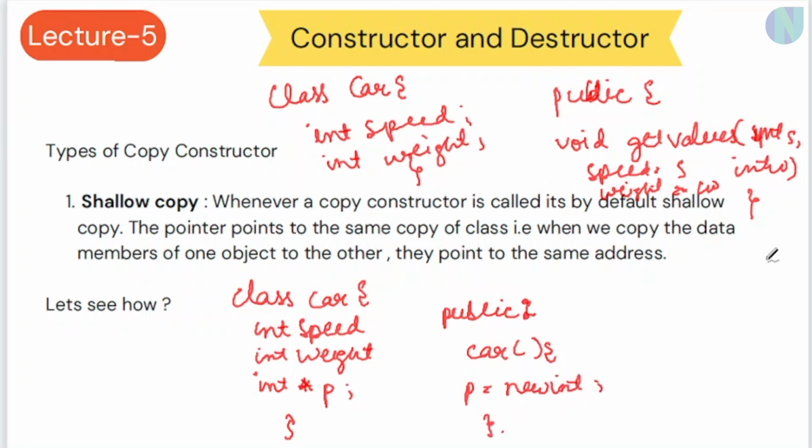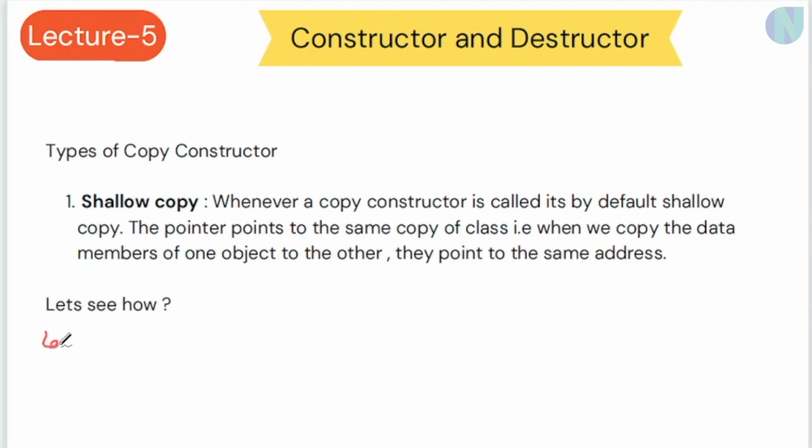Now consider I want to get values. So void get values, and here I am giving some values as int a, int b and int c. So what happens next is, I am having a class car.